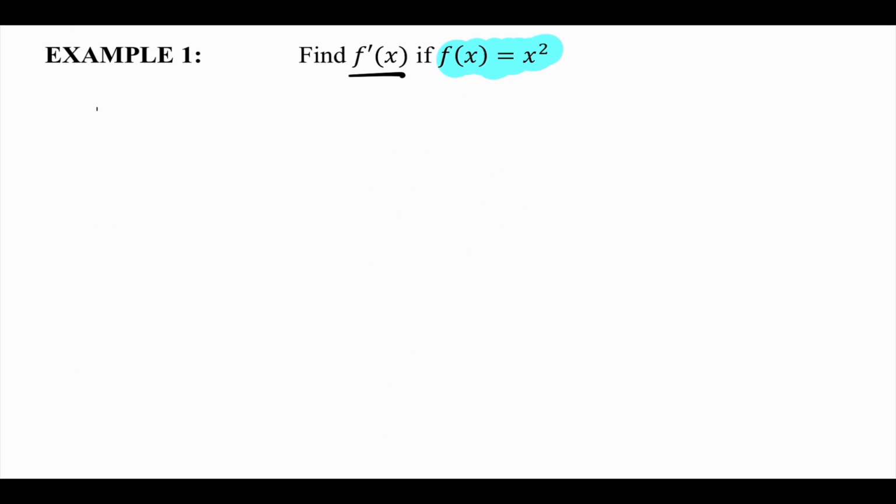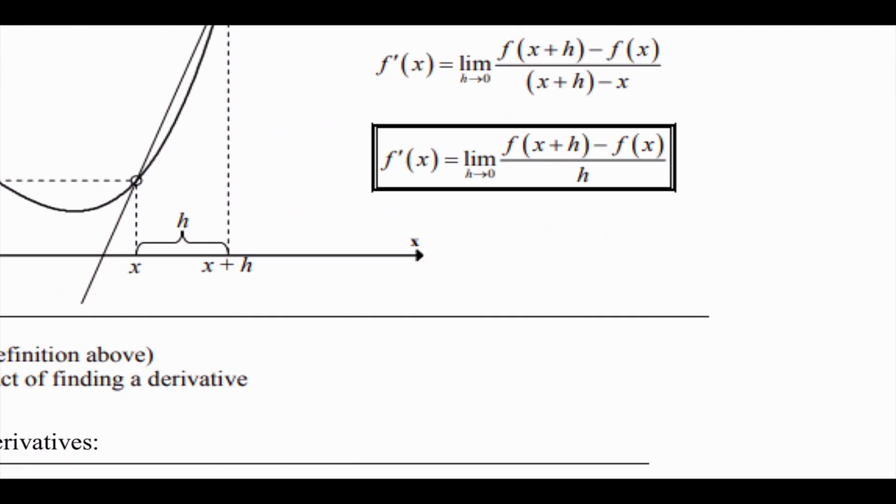Okay, so f prime of x, because that's what I'm doing, I'm finding f prime, equals the limit as h approaches 0. Oops, not x, h. Okay, let's go back up here.